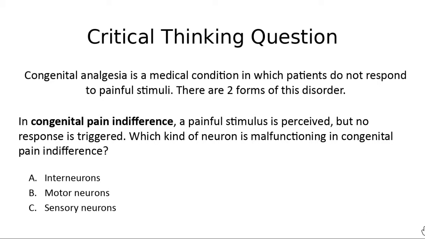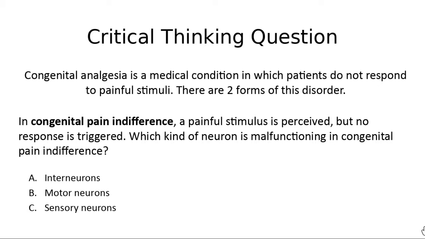Now, before you type anything in the chat, don't type anything in for me. I'm going to set up an anonymous poll really fast. I would like you to tell me which kind of neuron isn't working. I'm going to give you a poll that's going to pop up for you. So your options are going to be interneurons, motor neurons, or sensory neurons.